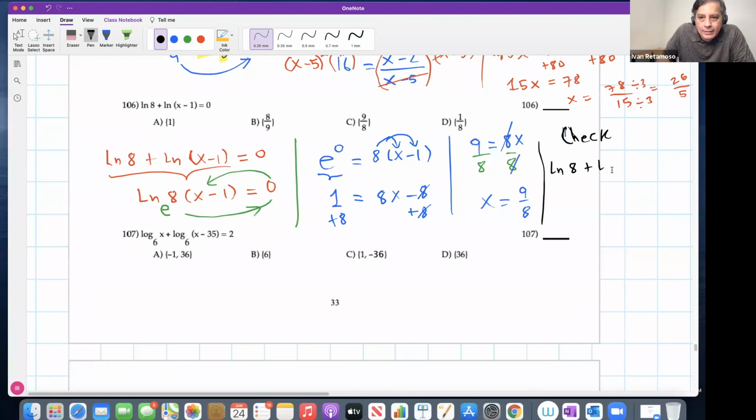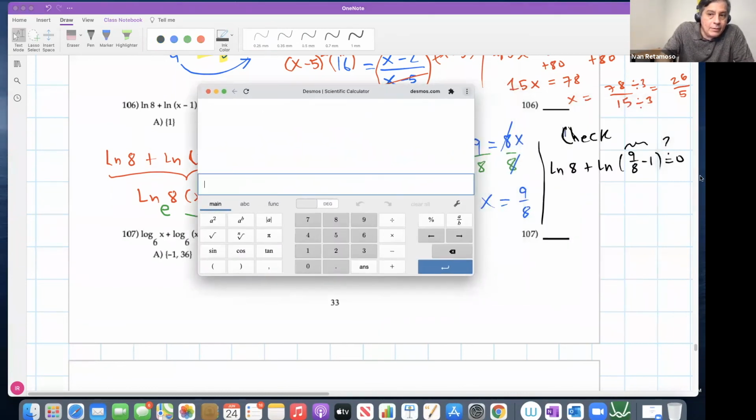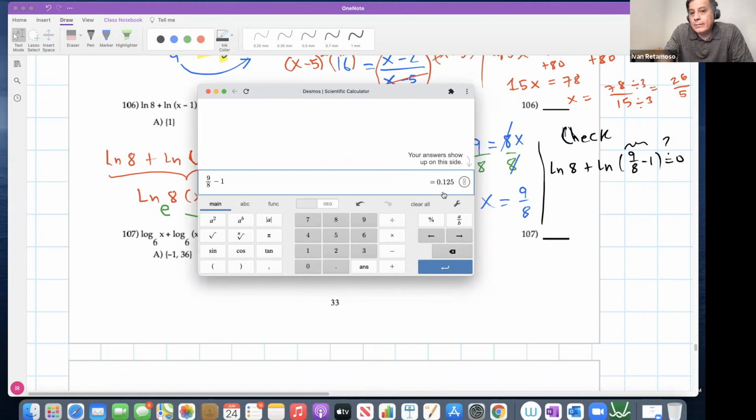Look, just make sure that this guy, 9/8 minus 1, is positive, right? And I would say so because 9/8 is more than 1, right? If you don't believe that, just compute it. Or you can compute the whole thing and you will verify that this is equal to 0. So 9/8 minus 1 is a positive number, small but positive, right?